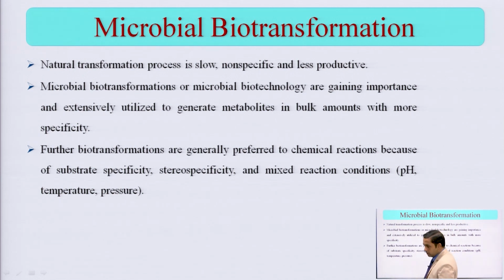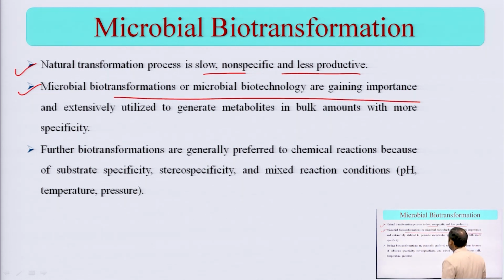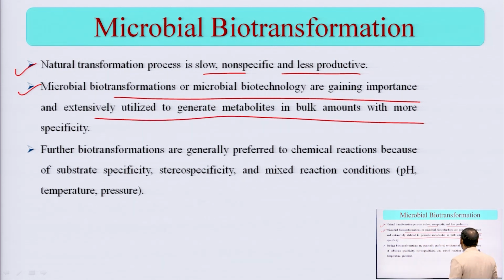Natural transformation is a very slow, non-specific and less productive process. But microbial biotransformation and microbial biotechnology are gaining importance and are extensively utilized to generate metabolites in bulk amounts with more specificity.